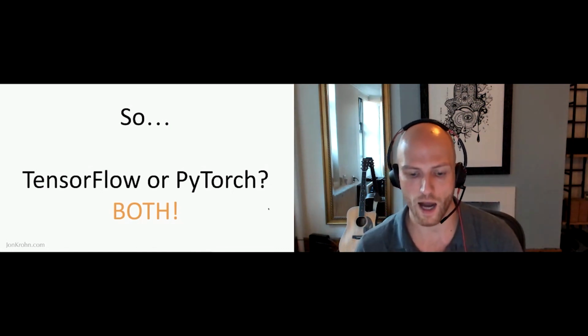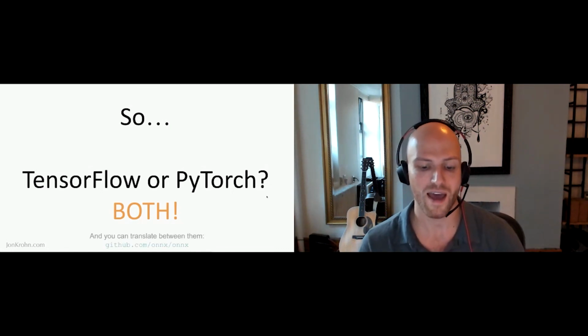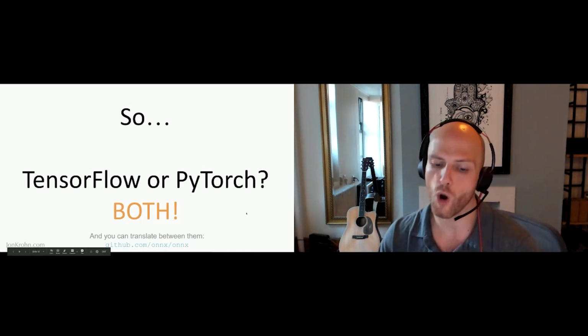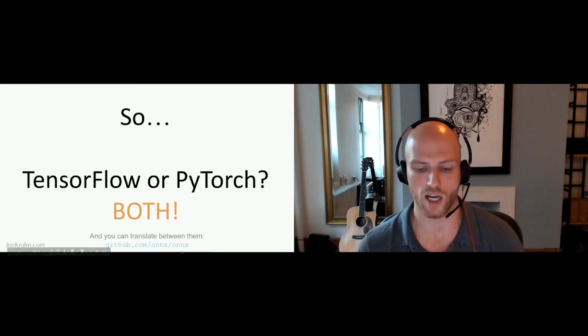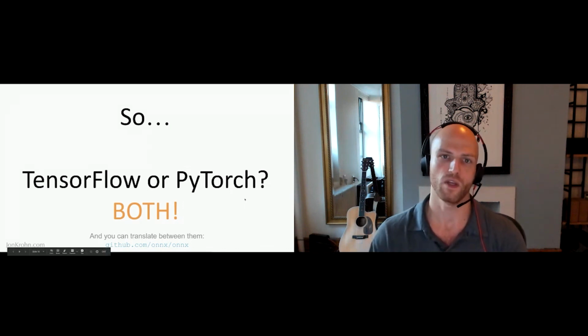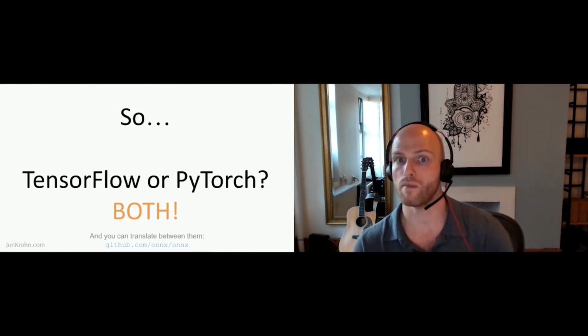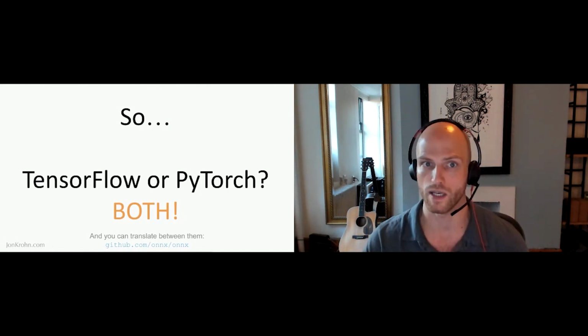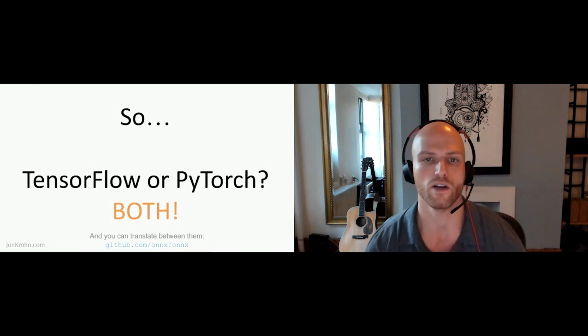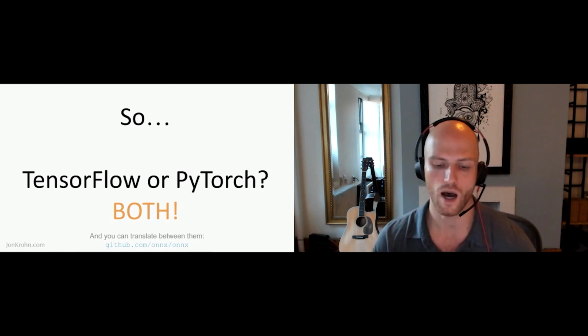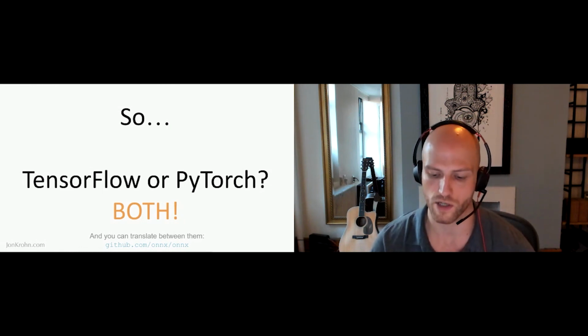So I do highly recommend learning both, and you can trivially translate between them using the Open Neural Network Exchange, or ONNX library. If you're brand new to deep learning, I'd recommend starting with the TensorFlow library, particularly its Keras module, and then move to PyTorch once you're comfortable with the TensorFlow Keras approach.